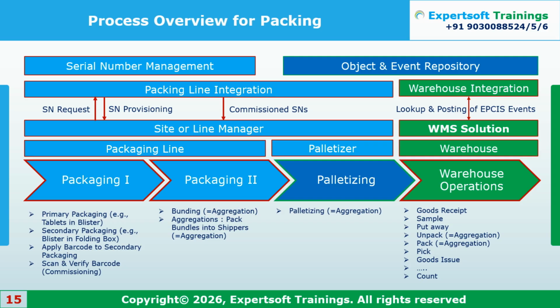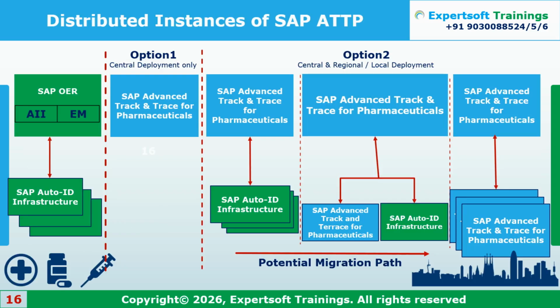These are the two segments, serial number management and event management, which will be discussed in more detail. This, I feel, is not required at this point of time. If you have any doubts during your migration projects, if you're working on a migration project for the client or company, we'll talk about it.